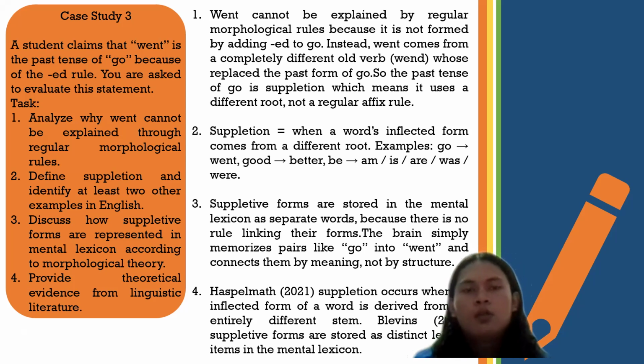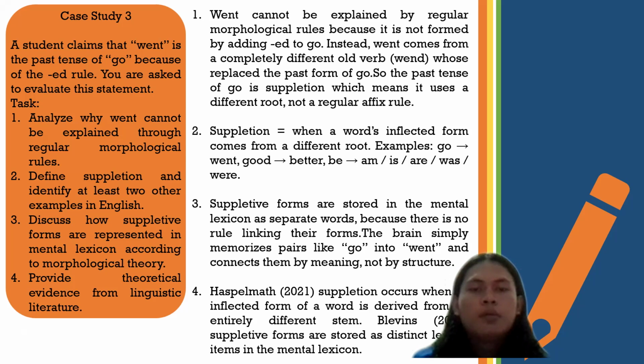In the second, suppletion is when a word's inflected form comes from a different root. Examples: go to went, good to better, be to am, is, are, was, or were.